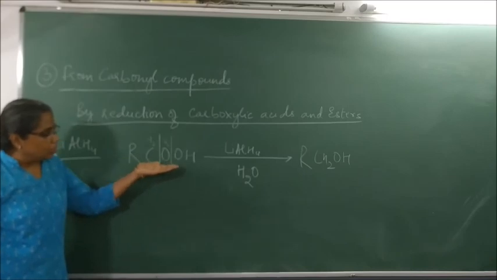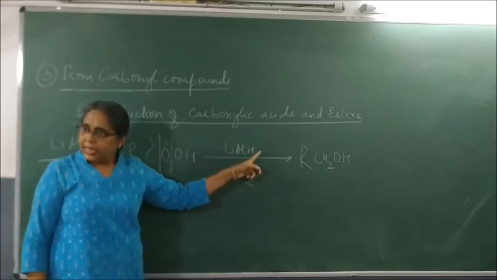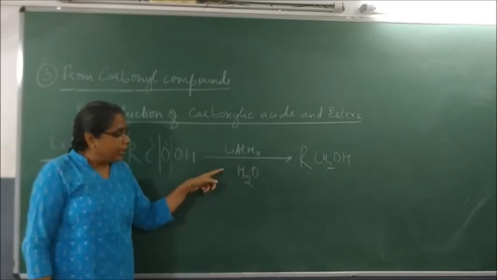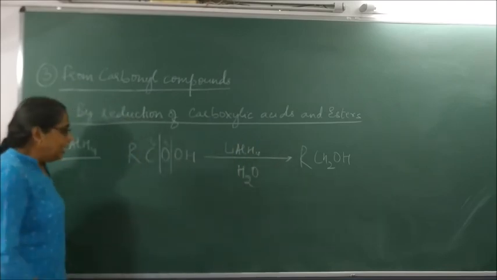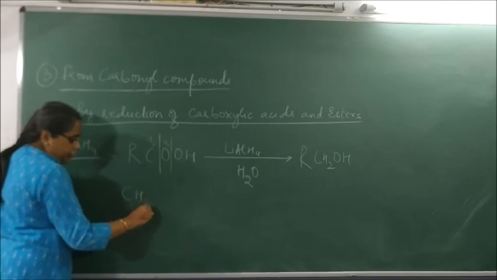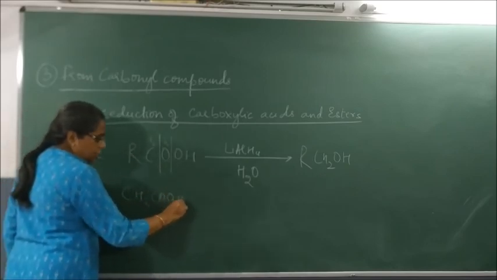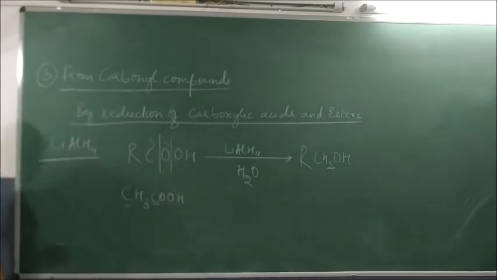RCOOH on reduction with LiAlH4 followed by hydrolysis gives what? Primary alcohol. Let us understand here: CH3COOH. How many carbon atoms? 2 carbon atoms.